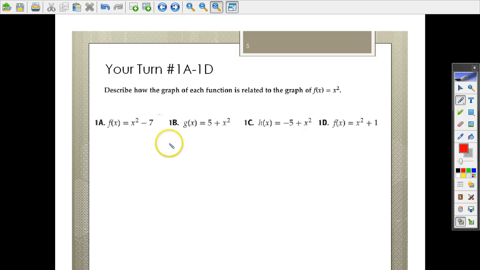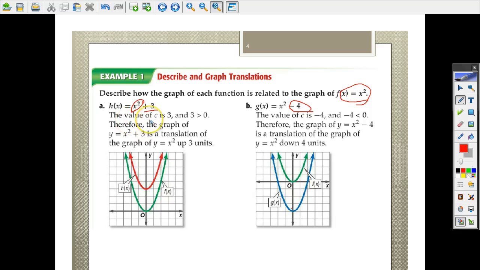Describe how the graph of each function is related to the graph of f of x equals x squared. So start here. What did you do for each graph? Did it slide up or slide down? And you don't say slide, you say translated. It says the value of c is 3, therefore the graph is a translation of the graph up 3 units.